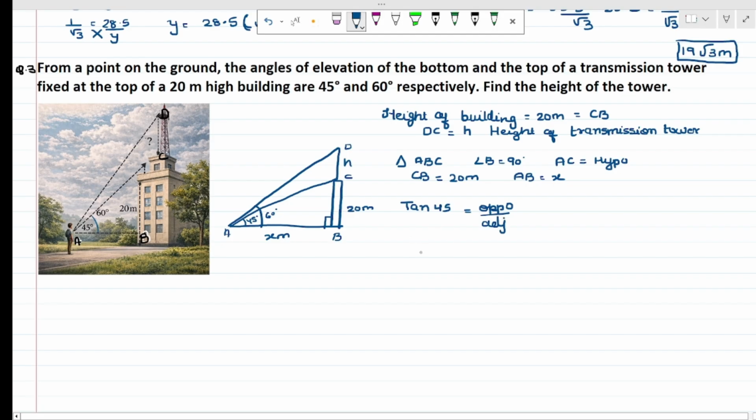That means tan 45 gives you 1. 1 is equal to CB upon AB. Okay. So 1 equals what is my CB? My CB is 20. What is my AB? My AB is x. Now, cross multiply it. Therefore, my x will be equal to 20 meter as well. That means the base, the width, is also 20 meters.